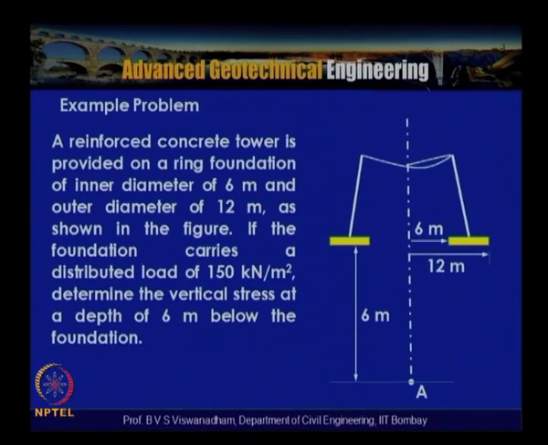In this particular problem, the inner diameter of the ring foundation is given as 6 meters and the outer diameter is given as 12 meters. That means the breadth of this ring foundation is nothing but 12 minus 6, that is 6 meters, and we are having an annular ring with a breadth of 6 meters.